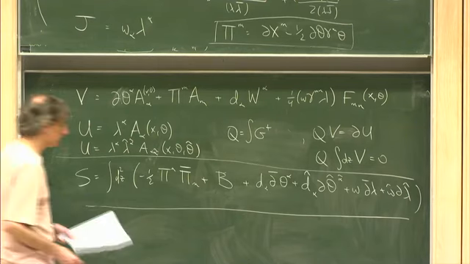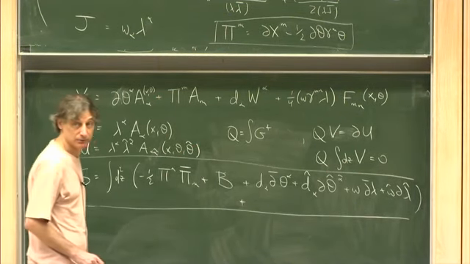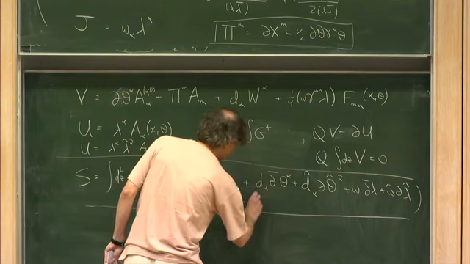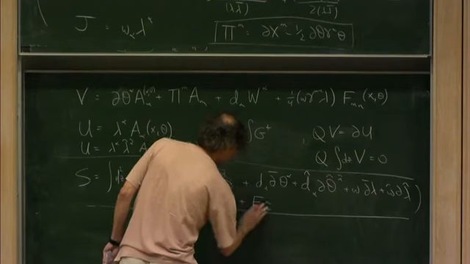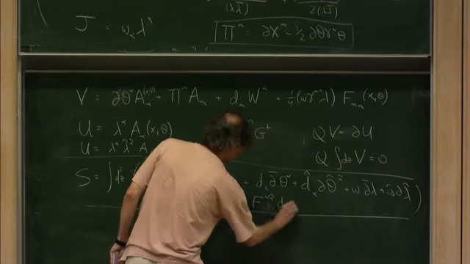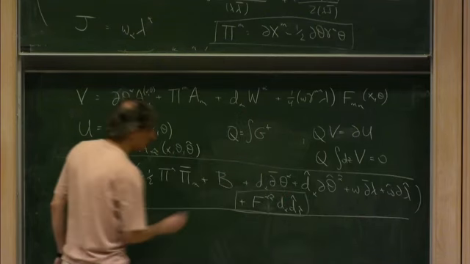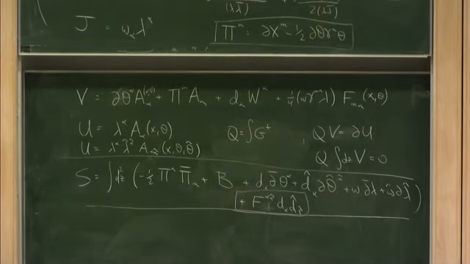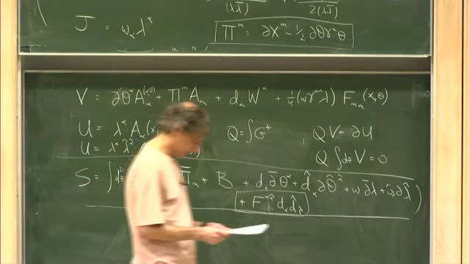Since you brought it up, if you introduce a Ramond-Ramond background, there's an additional term you add, which is not in Green-Schwarz, which is the Ramond-Ramond field strength, we'll call F^alpha alpha hat, times d_alpha d hat_alpha hat. So this is a coupling which you need if you're doing a Ramond-Ramond background, which doesn't exist in a flat background. Okay, any other questions?